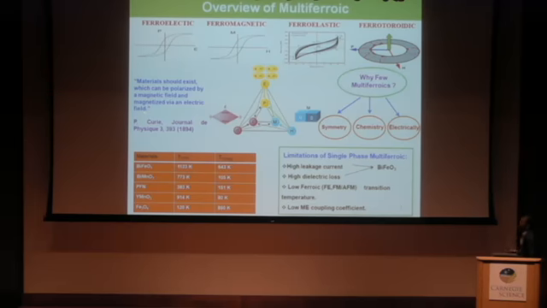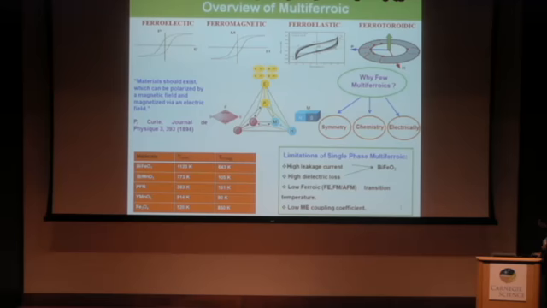Perhaps this led to the discovery of multiferroic materials. Multiferroic materials are those which have at least two primary ferroic orders existing in the same phase. The primary ferroics are ferroelectric, ferromagnetic, ferroelastic, and ferrotoroidic.